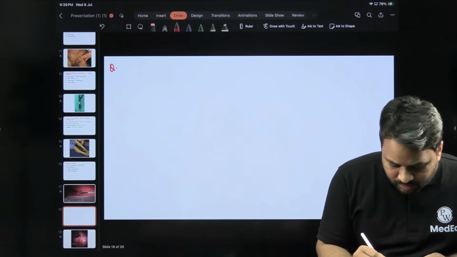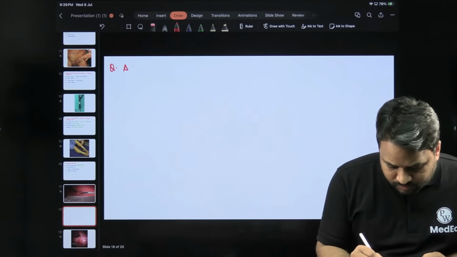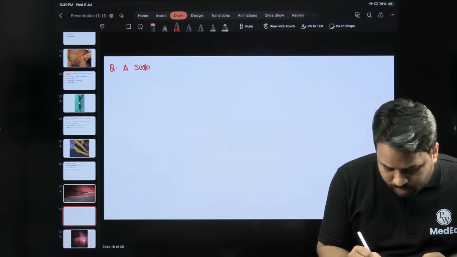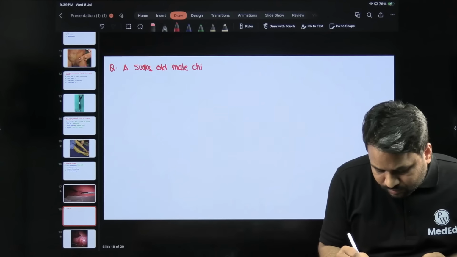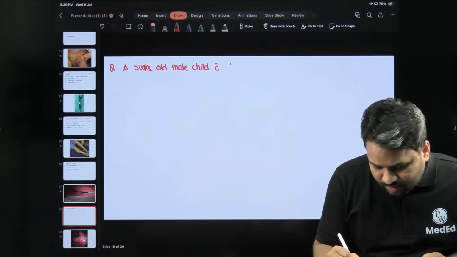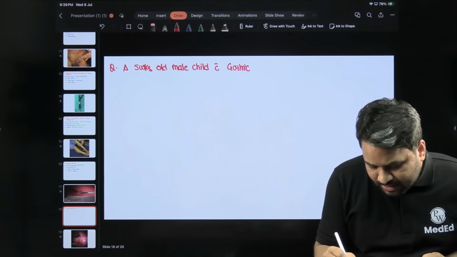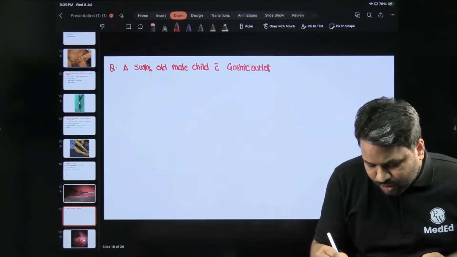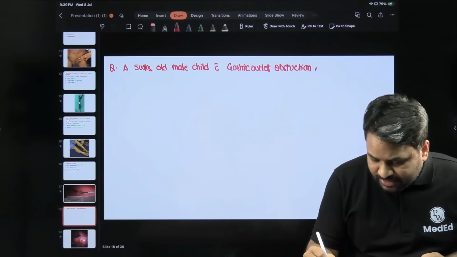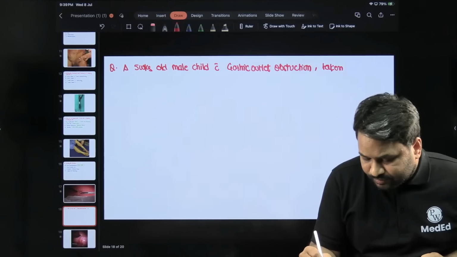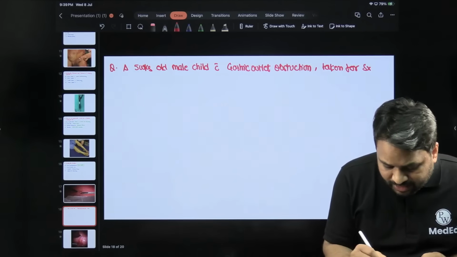Now, a 5 weeks old male child with gastric outlet obstruction. Now, this patient is taken for surgery. Identify the procedure.